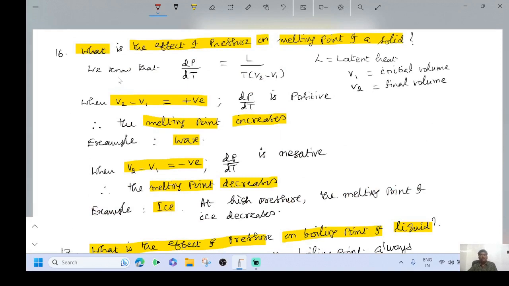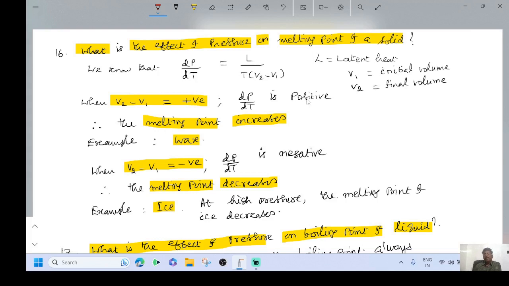What's the effect of pressure on the melting point of a solid? We know that dP by dT equals L divided by T into (V2 minus V1). L is the latent heat, V1 is the initial volume, V2 is the final volume. When V2 minus V1 is a positive quantity, dP by dT is also a positive quantity. At that stage, the melting point increases. Example, wax.